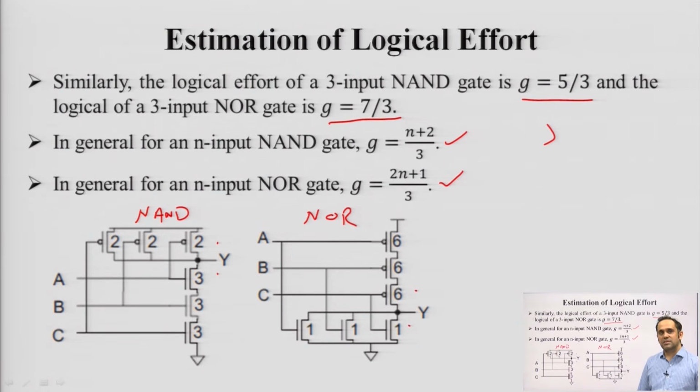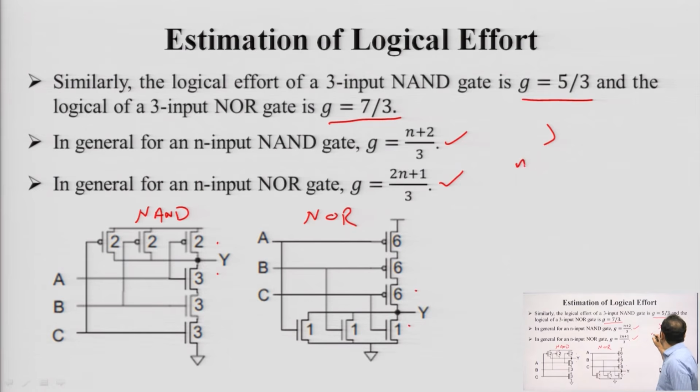Another reason is related to space and the number of transistors required. But this is one of the major reasons: the logical effort for an n input NOR gate is higher as compared to a NAND gate. So you can take an example: if n is 10, a particular logic gate has 10 inputs.